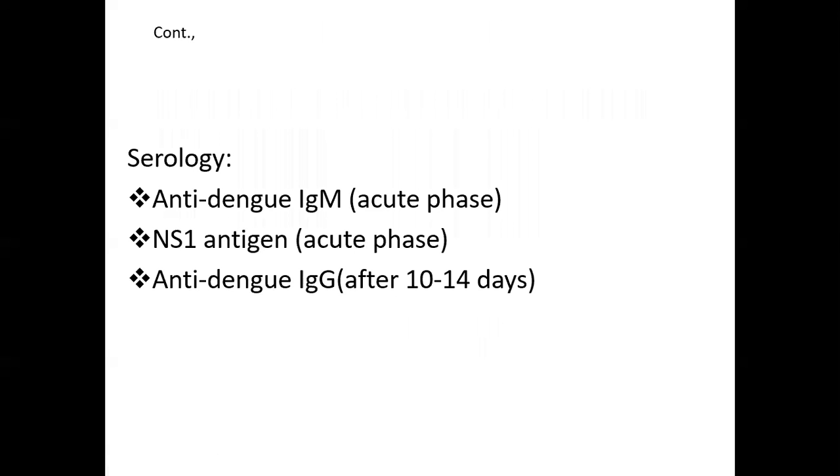Serology tests are compulsory. If it is the acute phase of dengue virus, we detect anti-dengue immunoglobulin M. If anti-dengue immunoglobulin M is present, this signifies the acute stage of dengue virus.